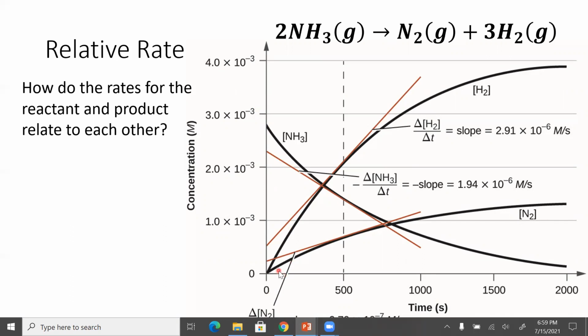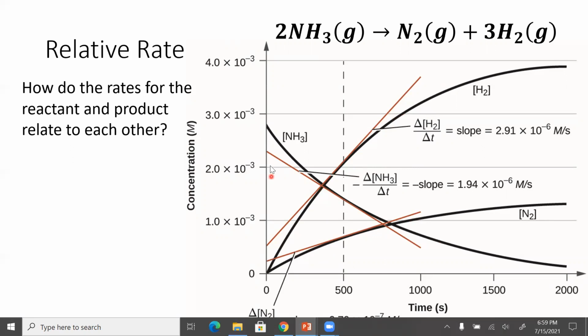So hydrogen and nitrogen are both 0, and ammonia is some value. Now, as the reaction proceeds, the ammonia reacts and the concentration of ammonia goes down. As the reaction proceeds, the concentration of nitrogen and the concentration of hydrogen go up because we're producing nitrogen and hydrogen.